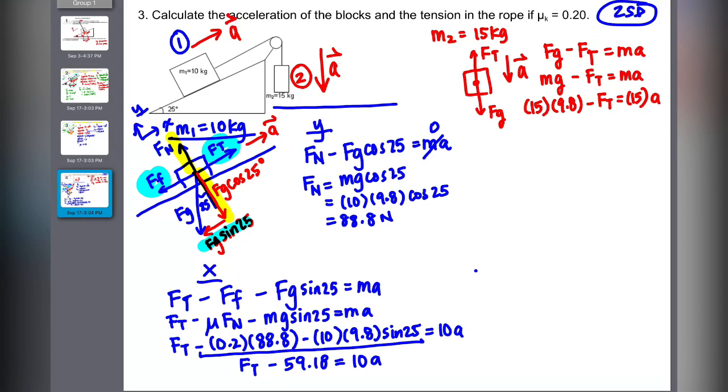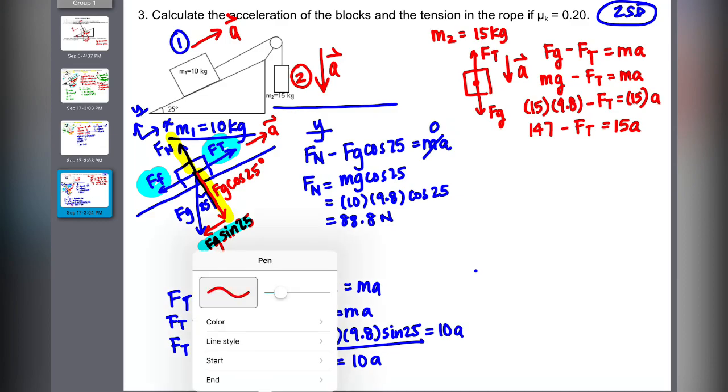So throw those into the calculator. 15 times 9.8 is 147. So 147 minus Ft equals 15A. So you now have two equations with two unknowns. So sub one into another.